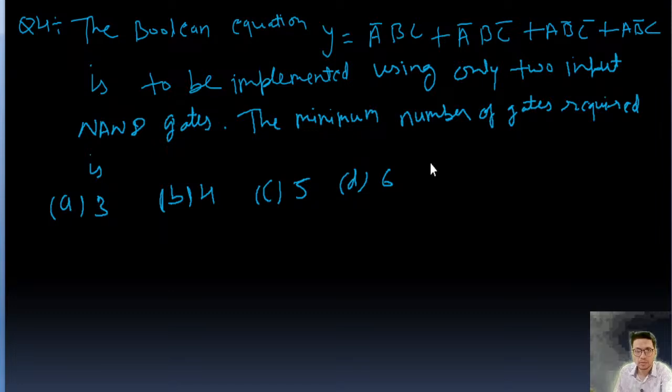So very simple. First we have been given this output, right? We'll solve this output. We have to simplify this output as much as possible, and then we'll proceed further.